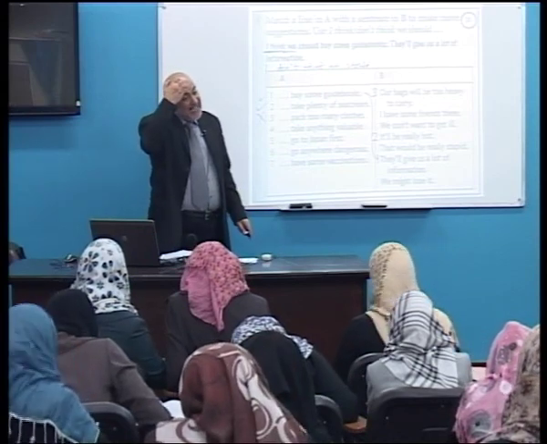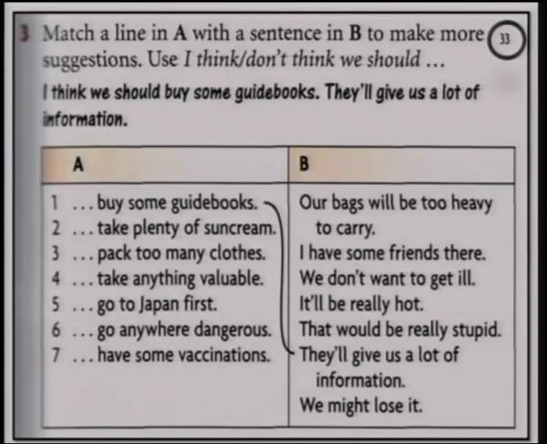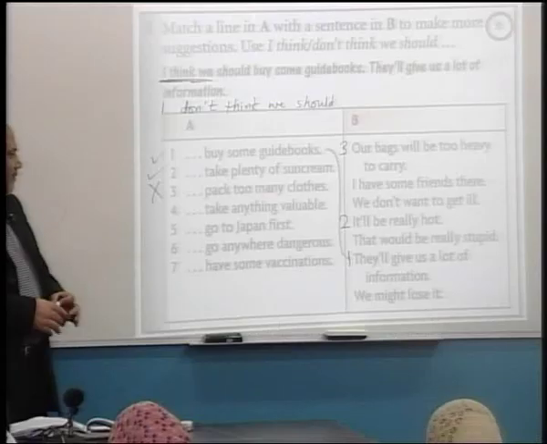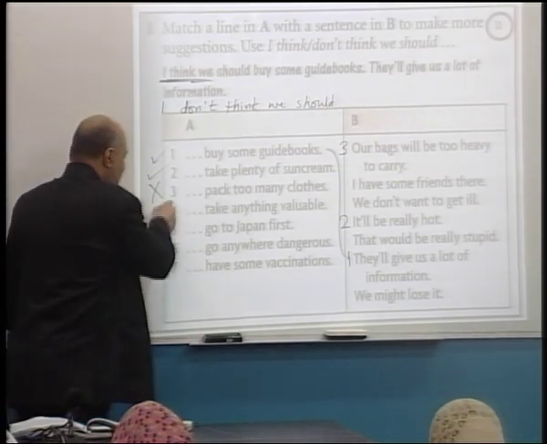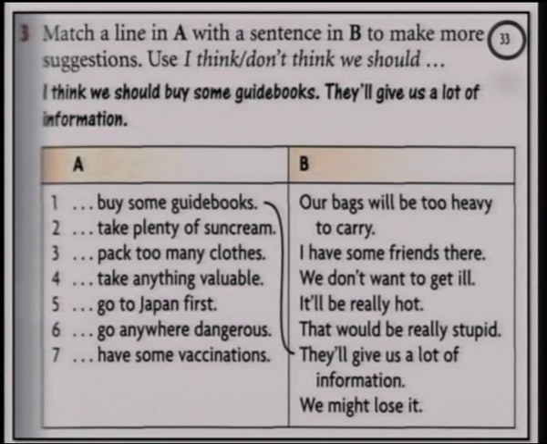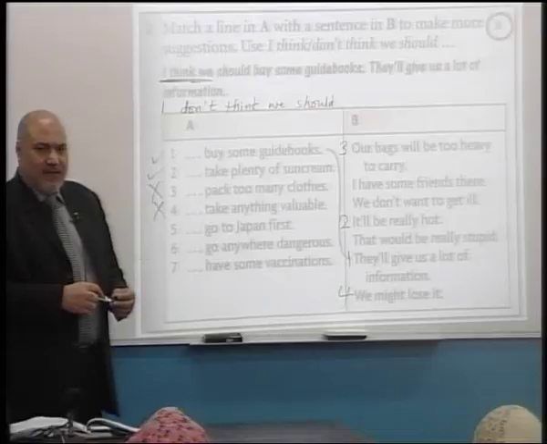So heavy that we can't carry them, or too heavy to carry. Number 4. Take anything valuable. I don't think we should take anything valuable. Why? We might lose it.